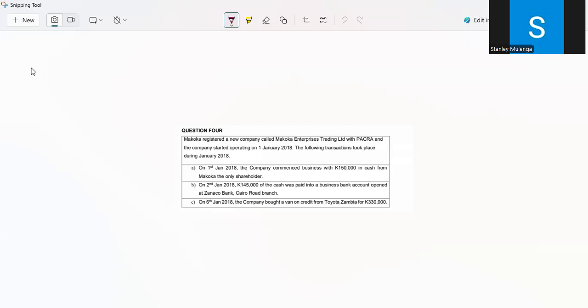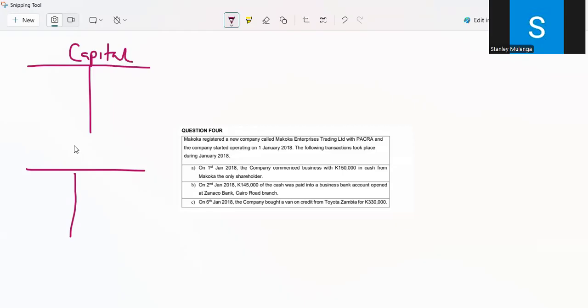So the duality concept says every transaction has two entries. When you start a business, we create capital. We also have a cash account. You must also have at the back of your mind the principle that what you debit and credit must follow the rules of pairs.